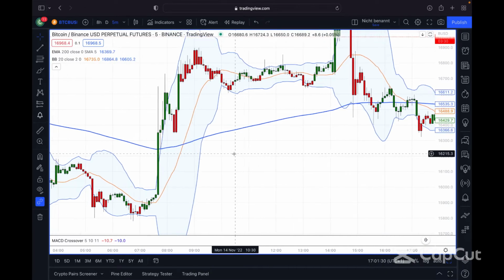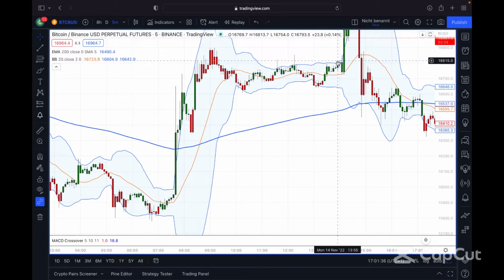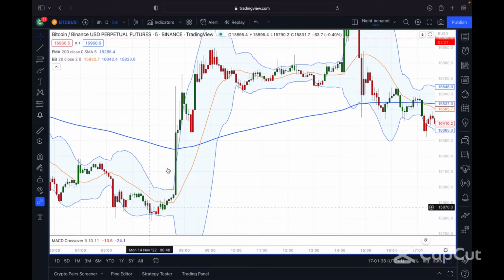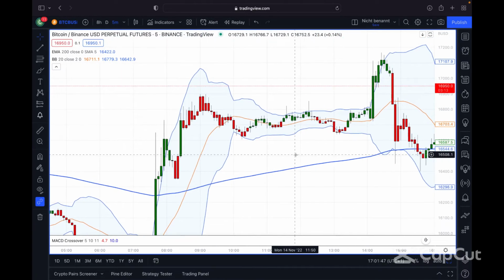We first identify if we are in a downwards momentum or upwards momentum. And here, as we can see, the price crosses the 200 EMA, so we are only looking for long entries.